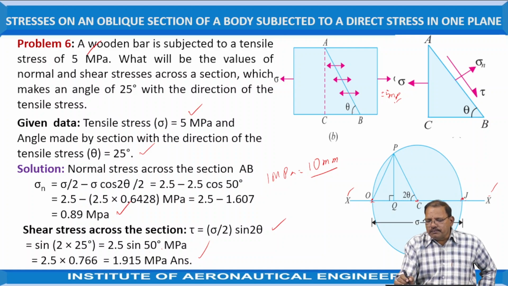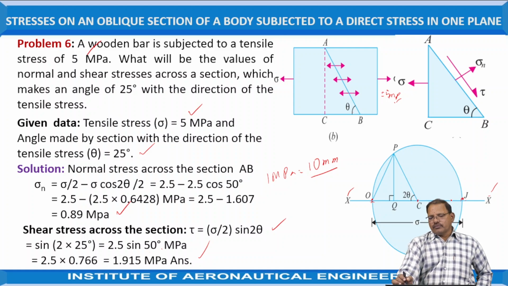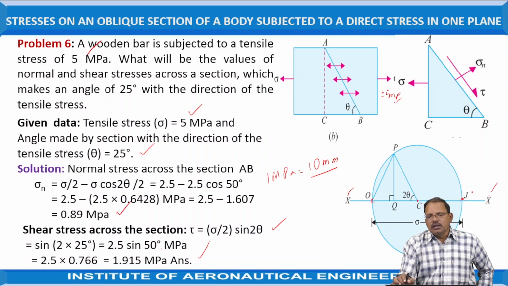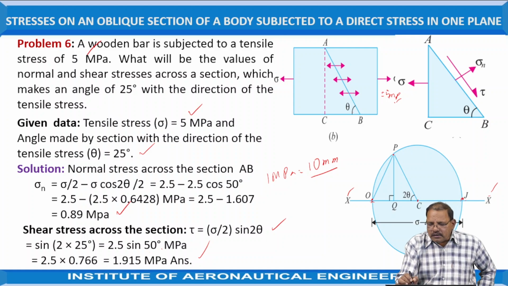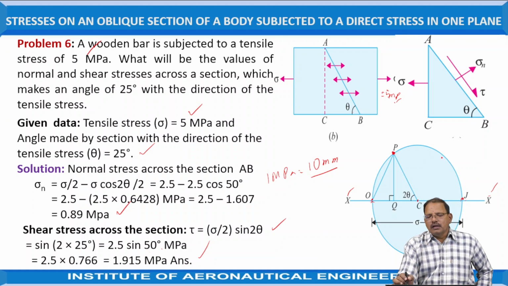Now draw a line CP, making an angle of 2 theta with OJ, measured in the clockwise direction, such that it meets the circumference of the circle at a point P. Now from P, draw a perpendicular to meet OJ at a point Q, and also join P with the point O.